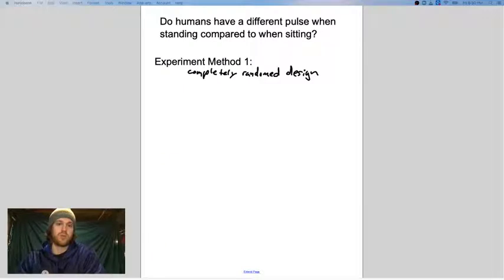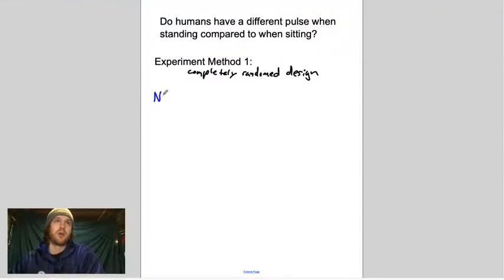Well, the first thing we do to get started is number the students. In this case, we only selected 13, but we would number the students or volunteers from 1 to, let's say, 13. So maybe we have 1 to 13 in our class.